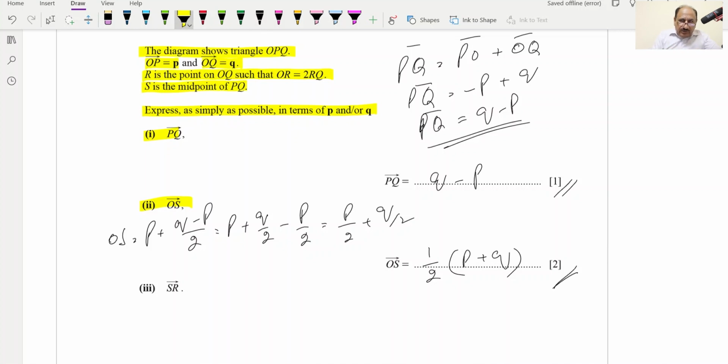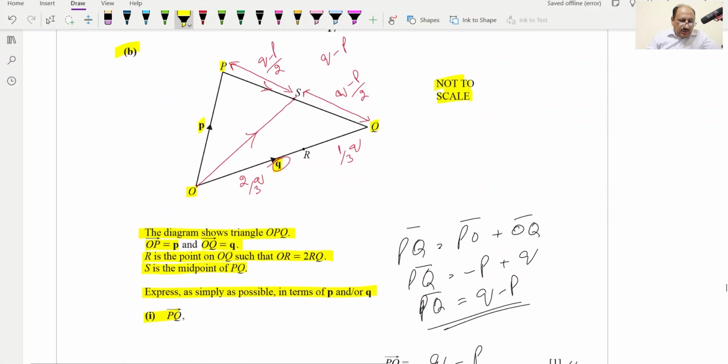Next part 3 is SR, so we have to write SR also. SR will be this vector, in this direction. SR will be equal to SO plus OR.